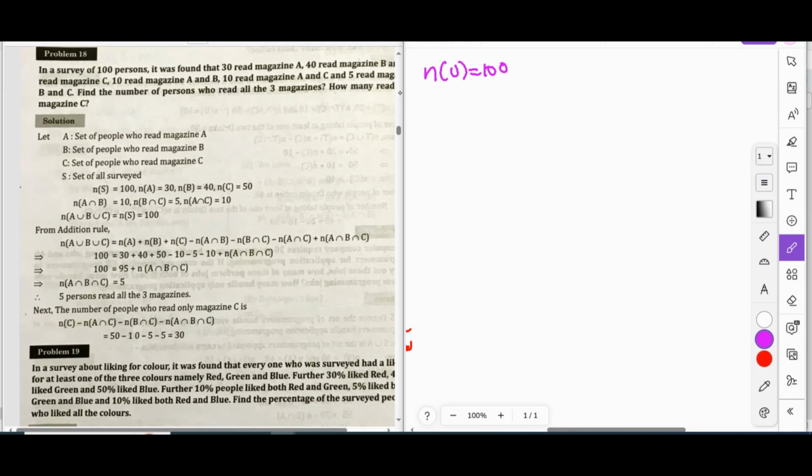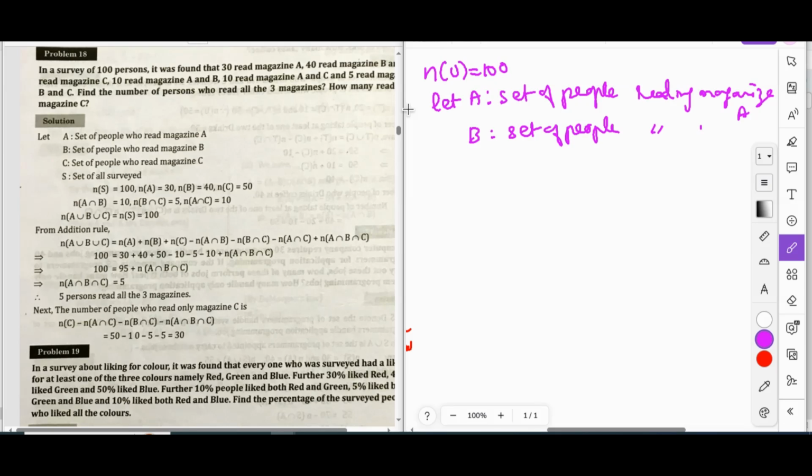Then it was found that 30 people read magazine A. So let A be the set of people reading magazine A, then 40 read magazine B. So B will be the set of people reading magazine B. Then C, the set of people reading magazine C.